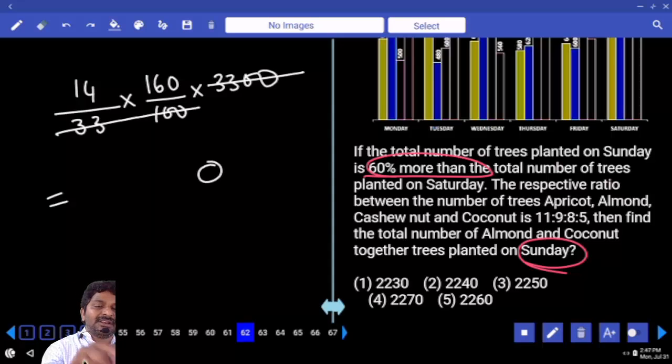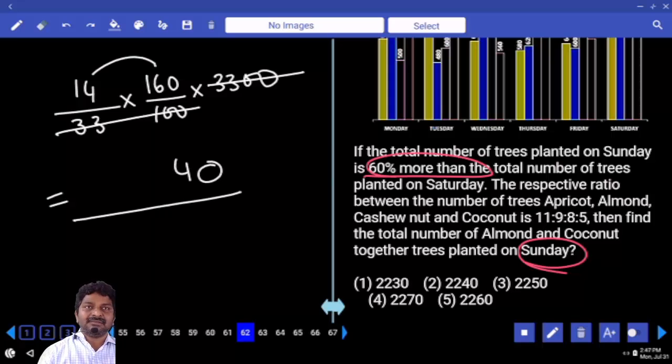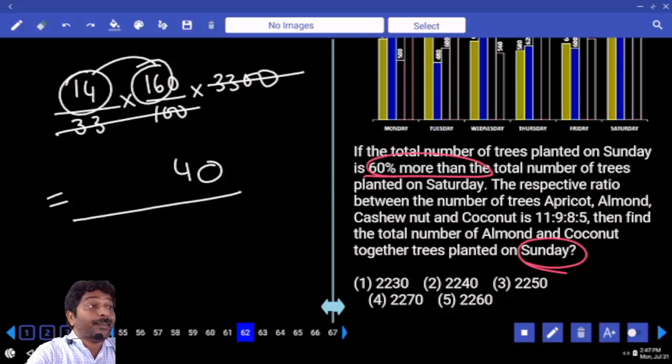You have a 0, you will get 0. 4 into 6 ends with, answer must end with 40. Otherwise also if you want to calculate, these are product of consecutive numbers only. For product of consecutive numbers, what do? Middle number square minus 1, 15 square minus 1, 225 minus 1.